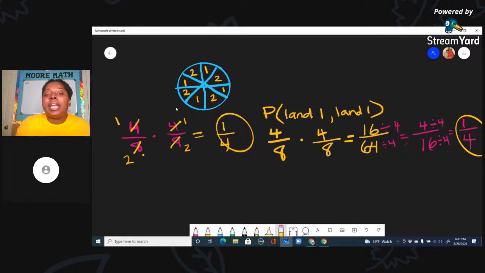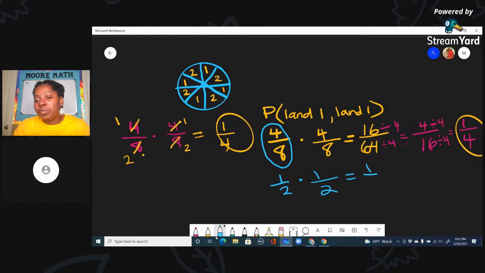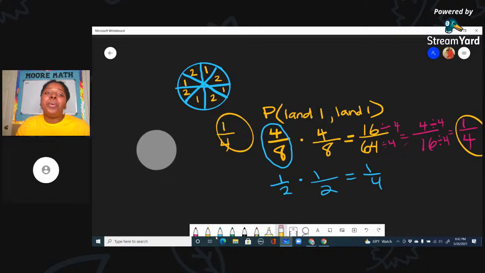Also, beforehand, what could I have reduced this 4/8 to? 4/8 is the same as what? 1/2. So from the start, you could have just reduced those fractions and got to 1/4, and you wouldn't have needed any cross canceling. Okay, so let's try that again.